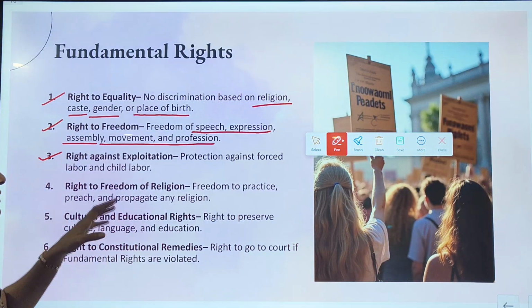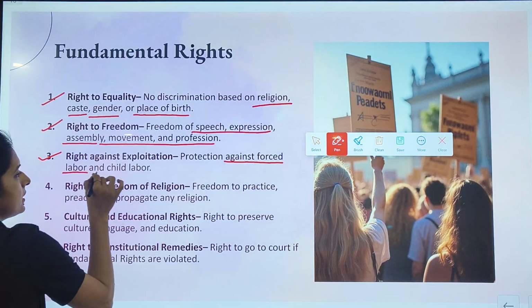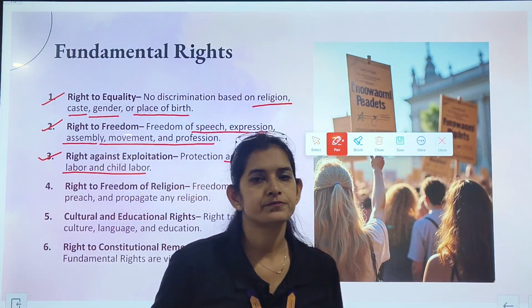Right against exploitation means it protects us against any forced labor or child labor.